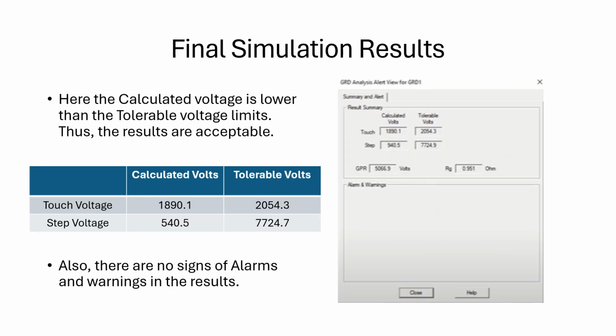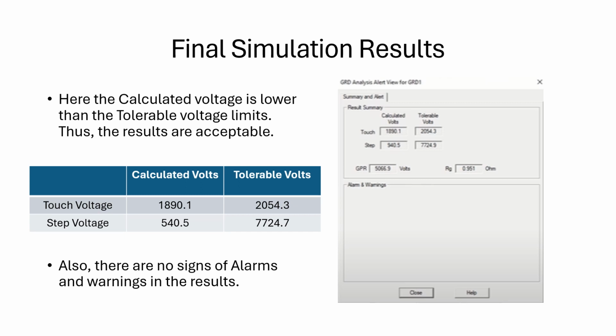Here we have the final simulation results. We can see here the calculated voltages and tolerable voltages for touch and step voltages. Here we have the calculated voltages less than tolerable voltages, which will work for our design.